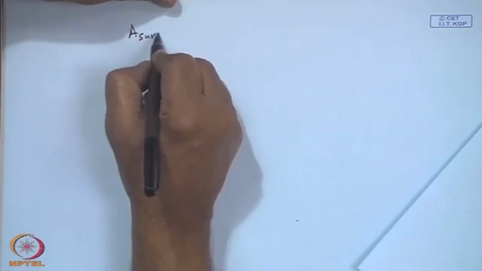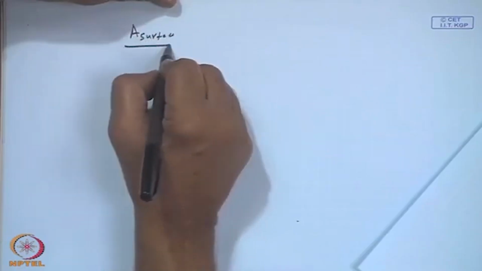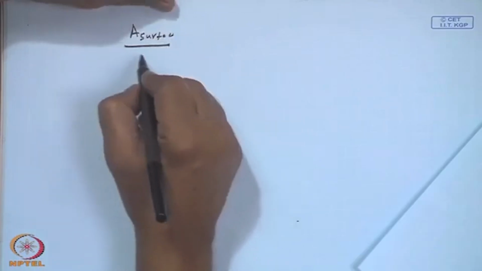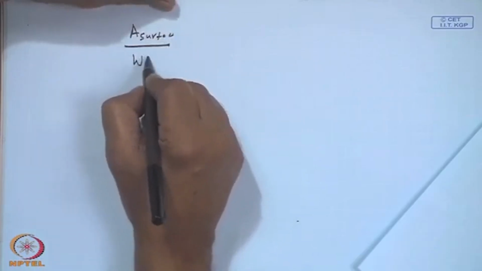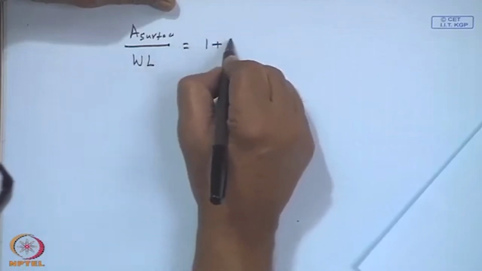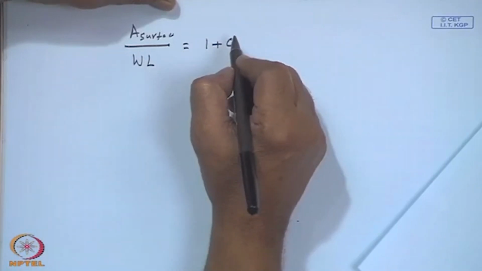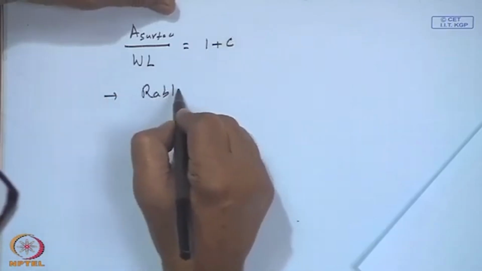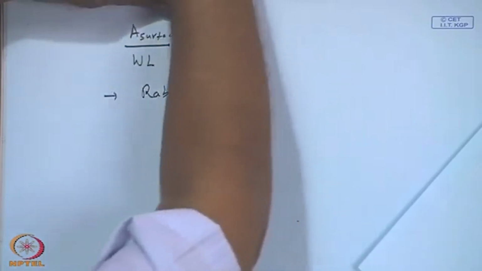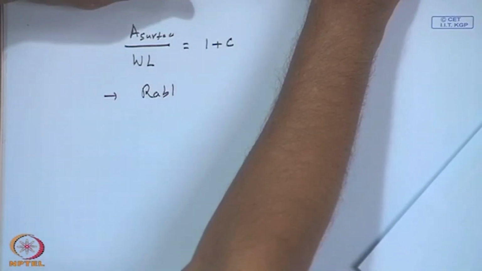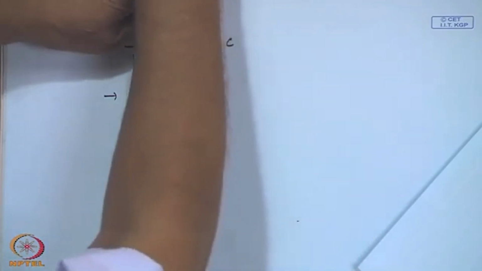So, if you compare surface area to the aperture area, which is nothing but WL, that should be equal to 1 plus C. This is established by Rabl of MIT, and the details you can have from the Solar Energy journal of 1977.